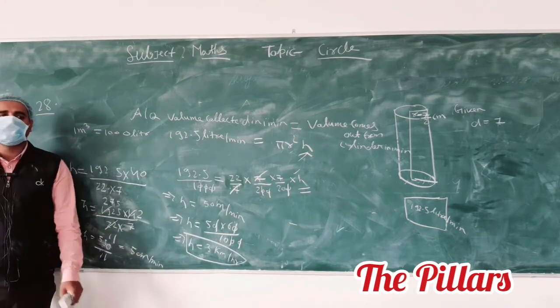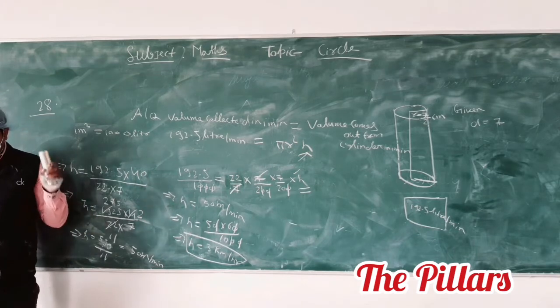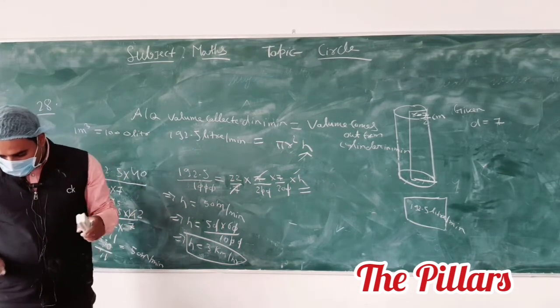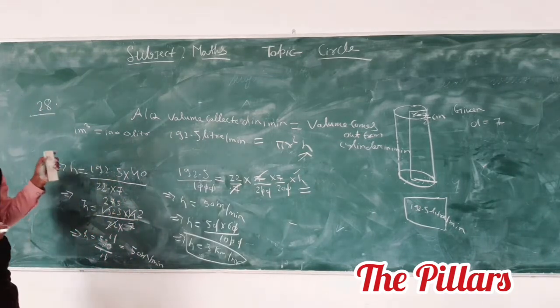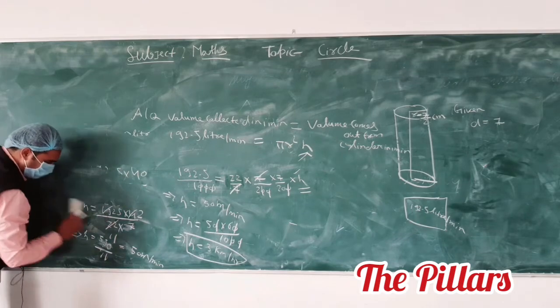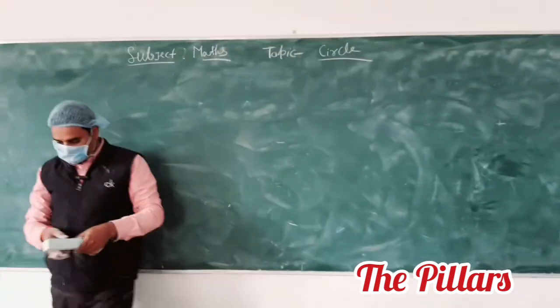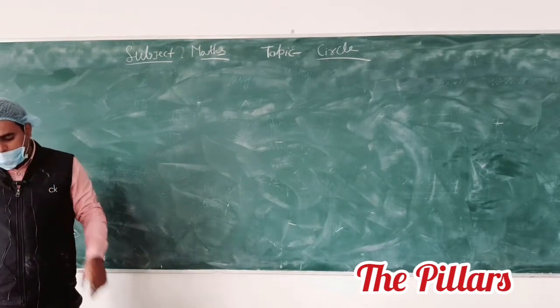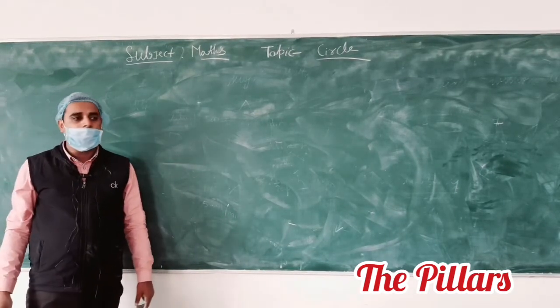In the next question, question number 35, the question tells that in a hospital, used water is collected in a cylindrical tank of diameter 2 meter and height 5 meters.